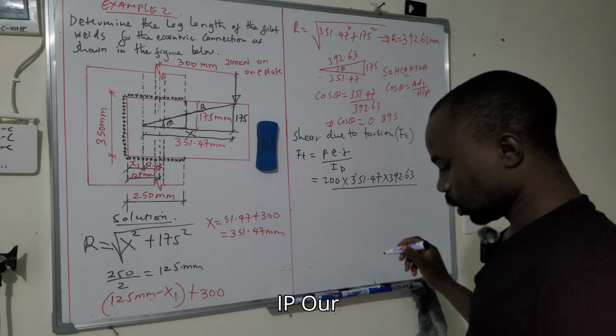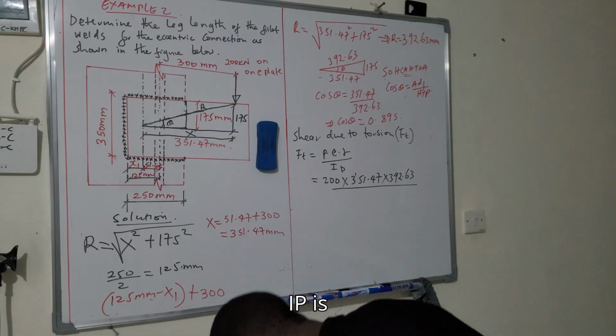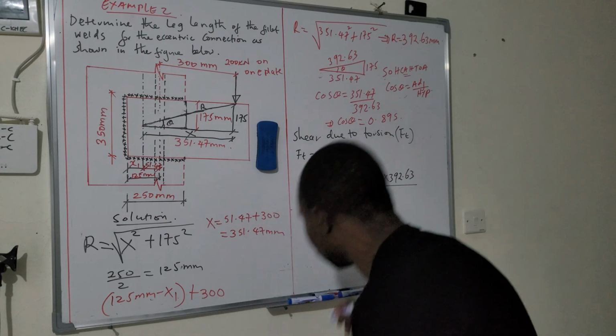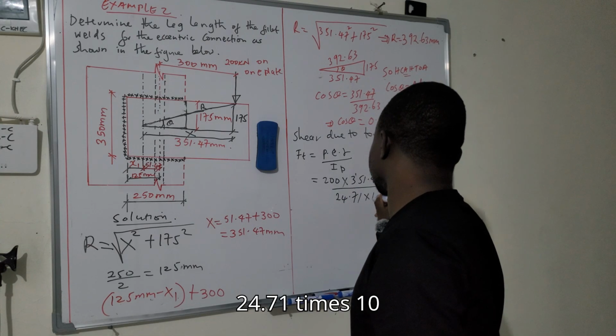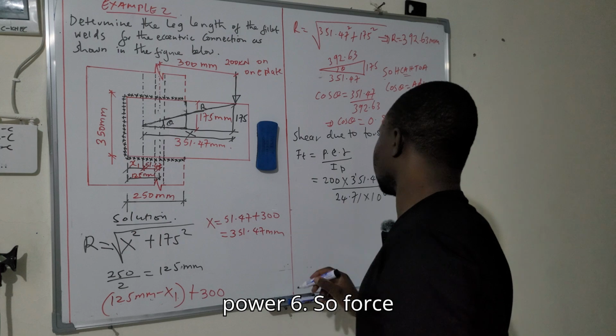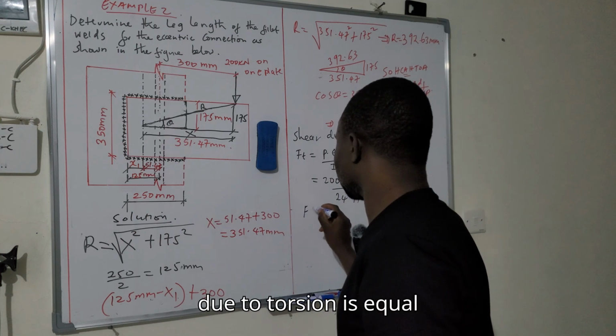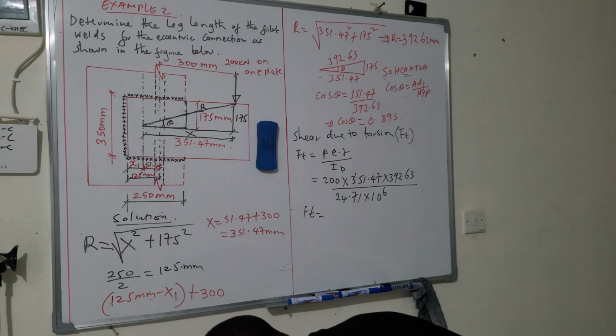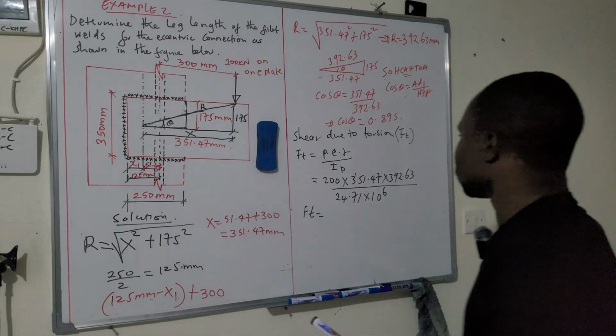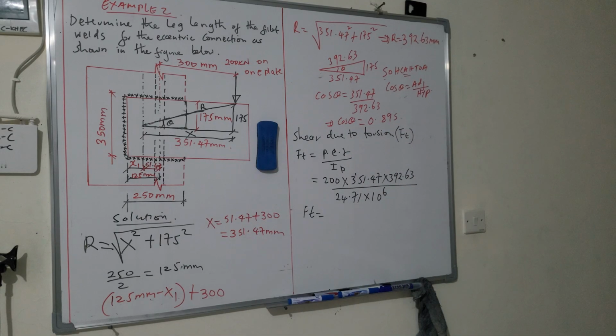Our IP is 24.71 times 10 power 6. So force due to torsion is equal to, again you punch your calculator to get the answer.